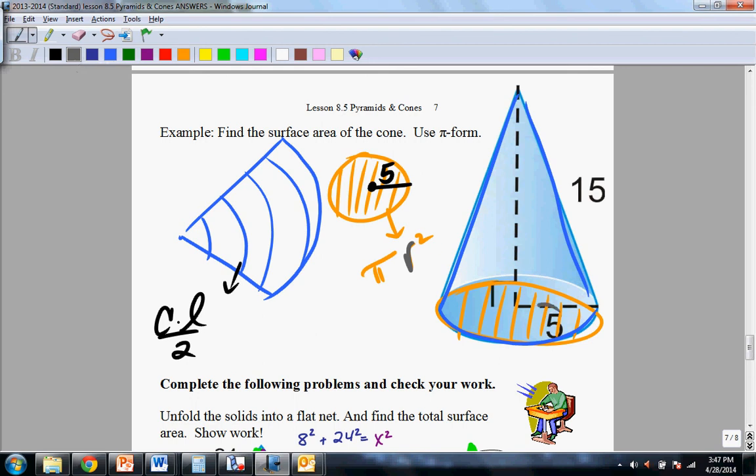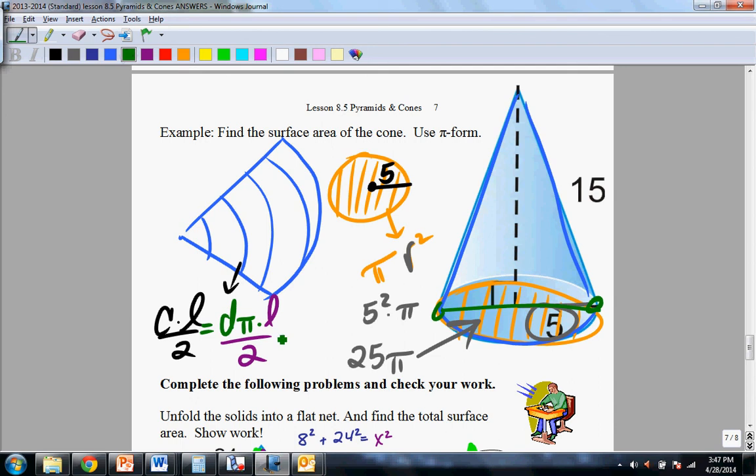So here my radius is 5, so I'm going to go 5 squared times pi. So I get 25 times pi. That is my base. My circumference is d pi times our slant height over 2. So our diameter here is all the way across.